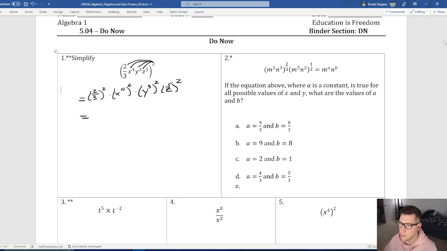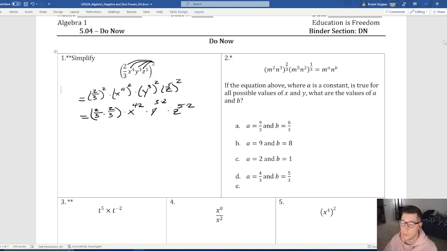And so this 2 here with 2/3 means it's going to be 2/3 times 2/3. And so this is 2/3 times 2/3 times x to the, well, we have a power to a power, so 4 times 2 times y to the 3 times 2 times z to the 5 times 2.